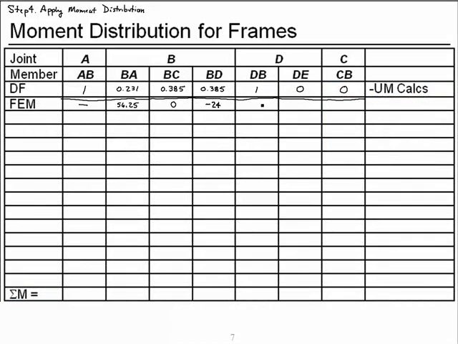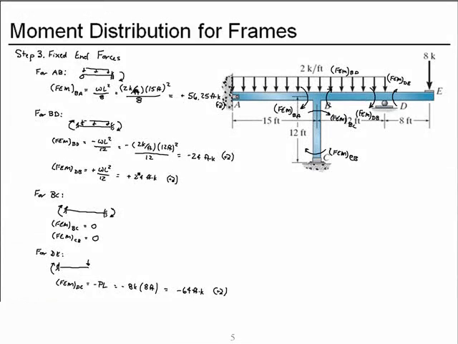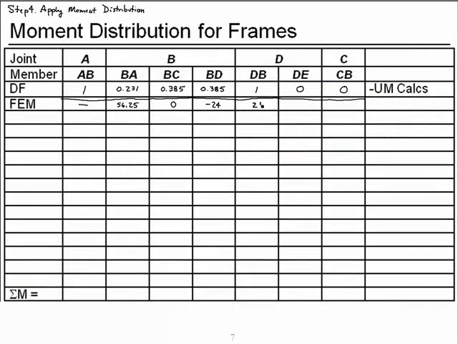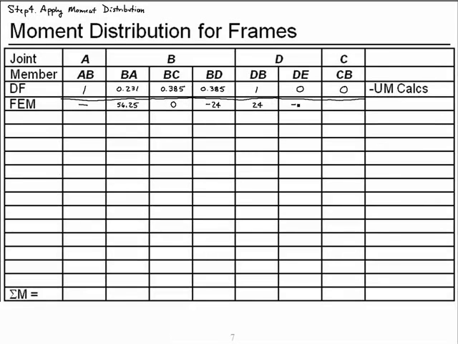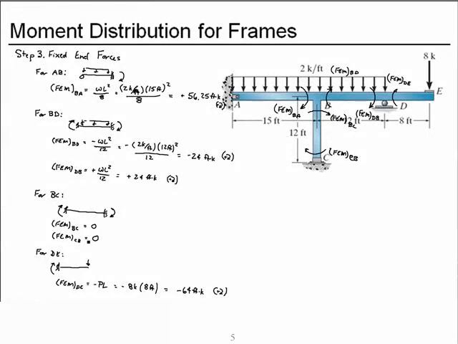Now at node D, in member DB, the fixed end moment was a positive 24 foot kips. And at the DE end, we said the moment holding up the cantilever is a minus 64 foot kips. And at the bottom support, node C, we had 0 fixed end moment.